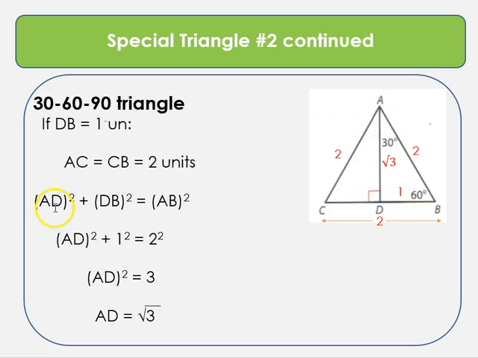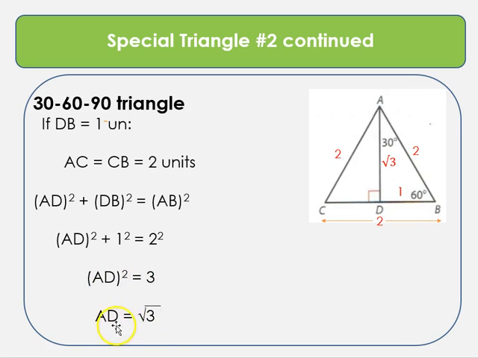So AD squared plus DB squared equals AB squared. So AD squared plus DB squared, long leg plus short leg, equals the hypotenuse squared. And if we substitute our known values, AD squared plus 1 squared, which was DB, equals 2 squared. 1 squared is 1. 2 squared is 4. 4 minus 1 will be 3.